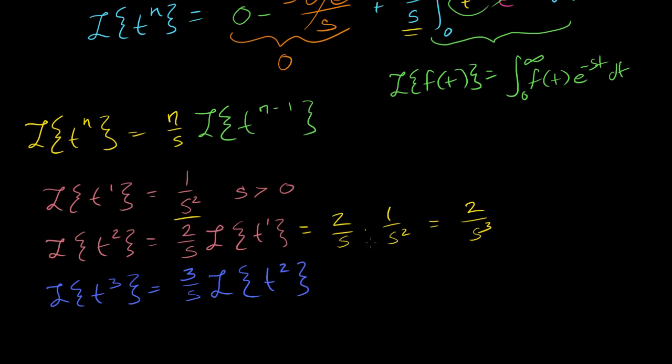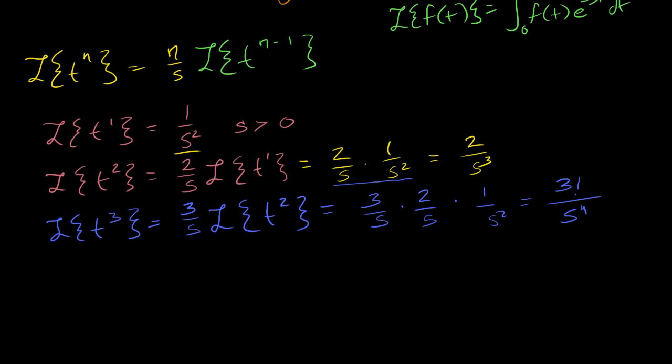So it's equal to 3 over s times this thing. And I'm going to actually write it this way because I think it's interesting. So I'll write the numerator 3 times 2 times 1 over s squared, which we can write as 3 factorial over, what is this, s to the 4th power.